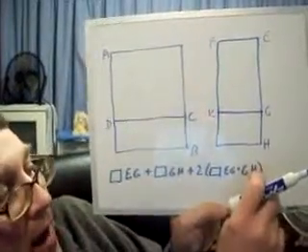All of this combined becomes, believe it or not, if you add all those areas together, whoops, you're going to get 1/3 of an area.